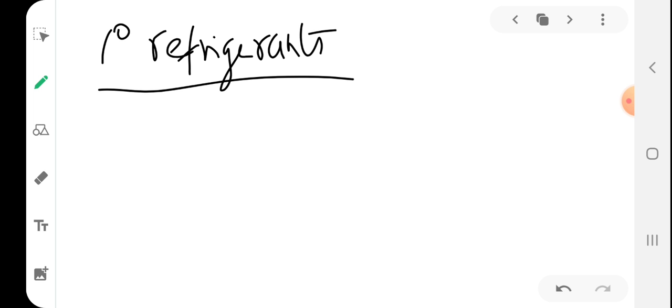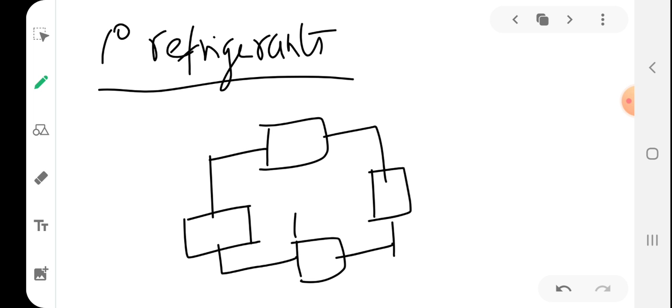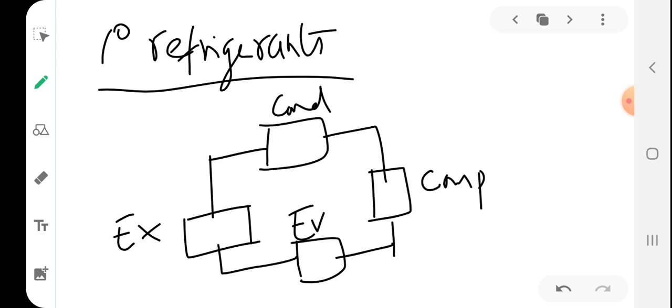machine. So students, if this is a refrigerating system, evaporator, expander, compressor, condenser, that fluid which actively takes part in a refrigeration system, which flows directly inside, is known as primary refrigerant.